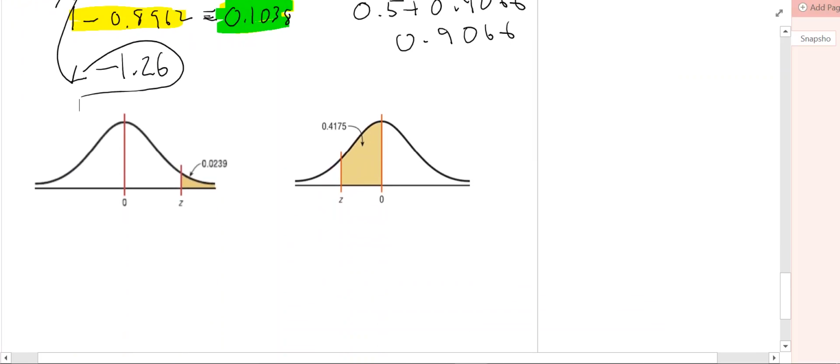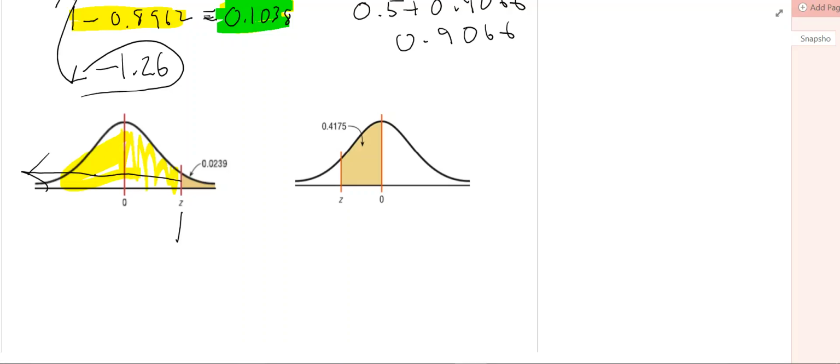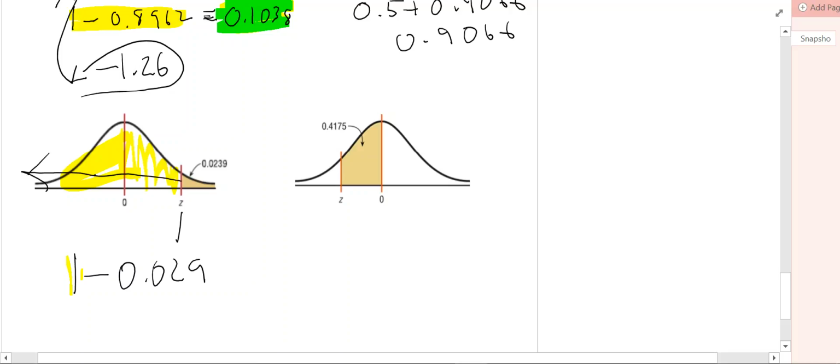Okay, again, another one. Here we know the area above z is equal to 0.0239. We don't know what the area below it is, but again, these are opposites. And so opposites means that this area here is going to be 1 minus 0.0239.